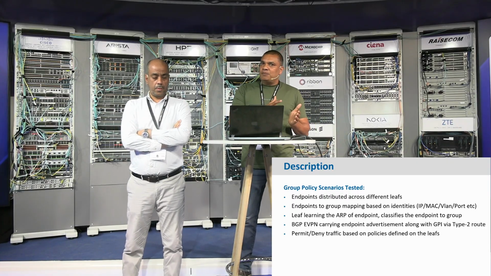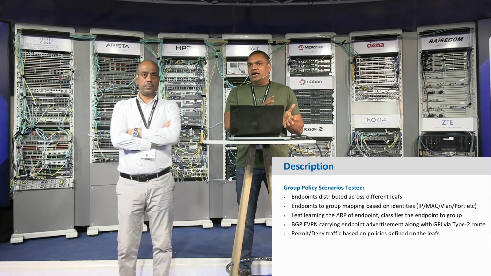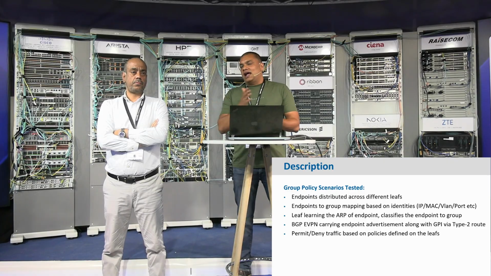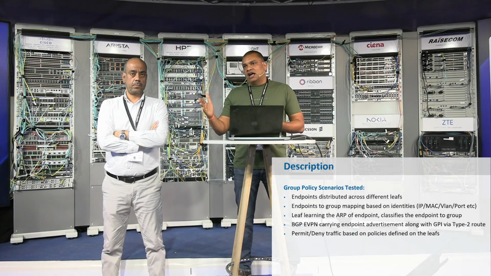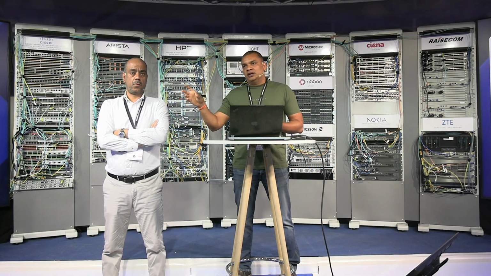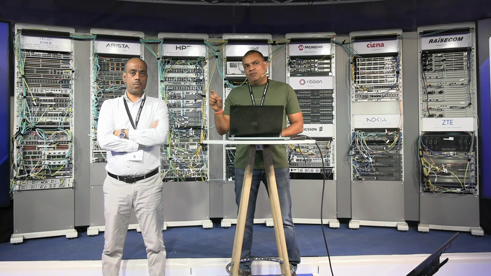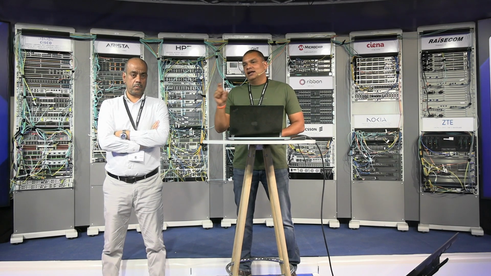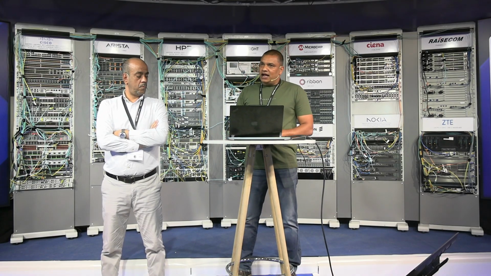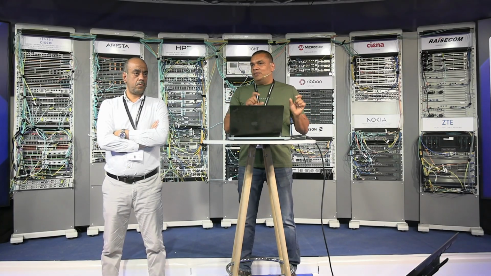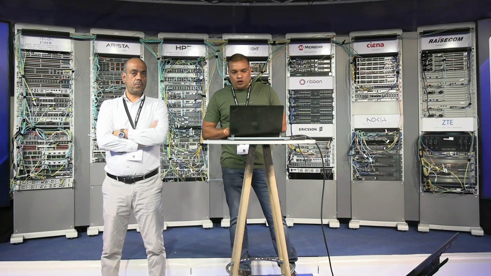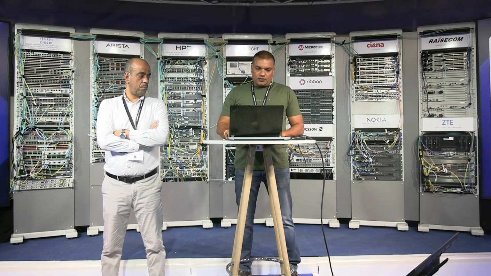Once a VTEP classifies the endpoint to its respective group, at the same time it sends a BGP EVPN type 2 update advertising that endpoint to the fabric, and that EVPN update also carries the group policy ID for that endpoint. Finally, we have the contracts defined on the VTEPs, and based on that, they enforce the policy.